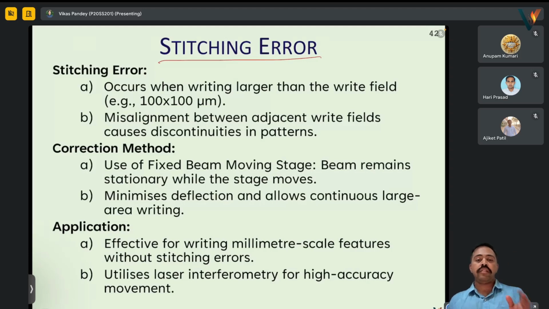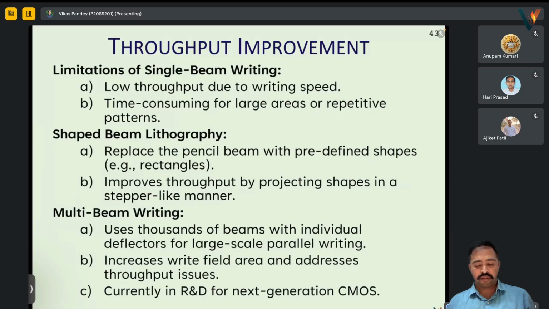This minimizes the deflection and allows continuous large area writing, but it is more effective for millimeter scale features, and it uses laser interferometry for high accuracy movements. Okay.